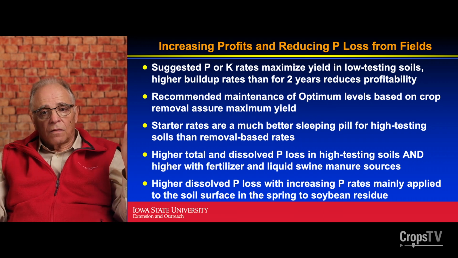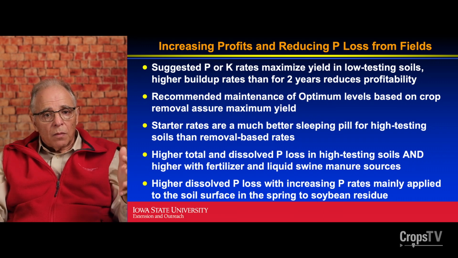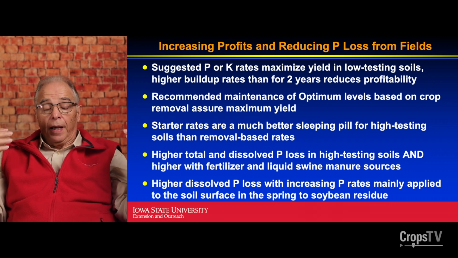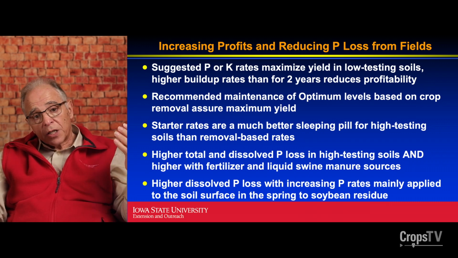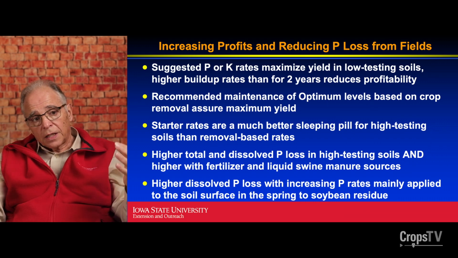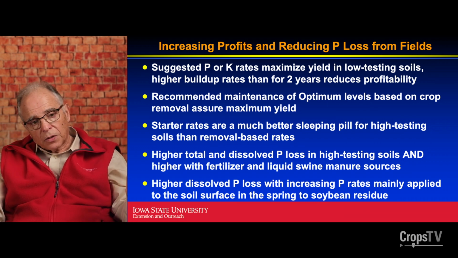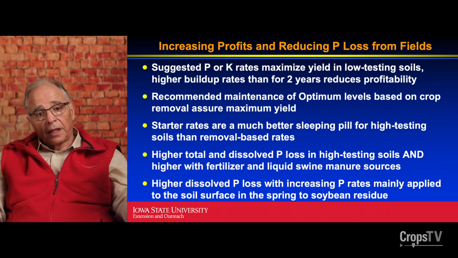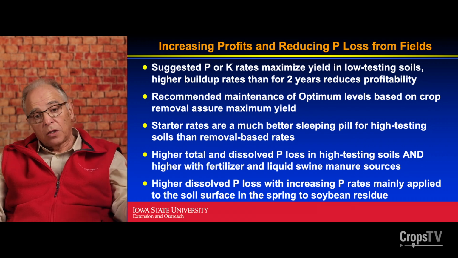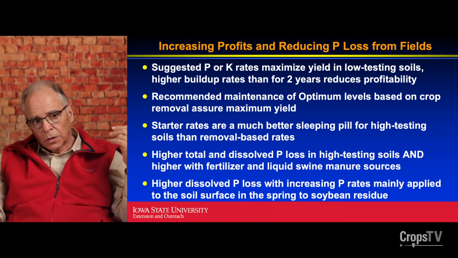Recommended maintenance of optimal levels based on crop removal assures maximum yield, okay? Starter rates are much better and more profitable than removal-based rates for high testing soils. Higher total and dissolved P loss in high testing soils and higher with fertilizer and liquid swine manure. You need to be careful with those two sources especially.